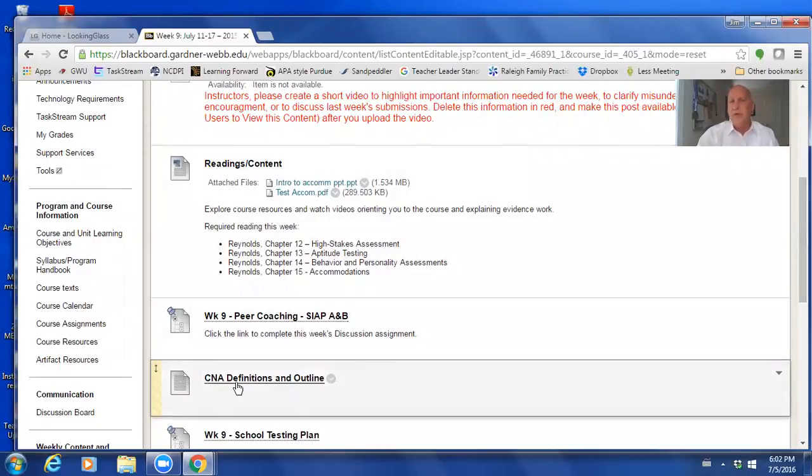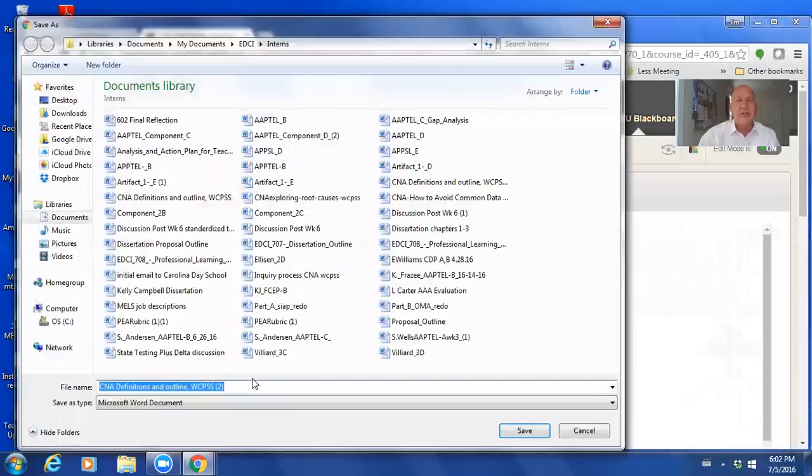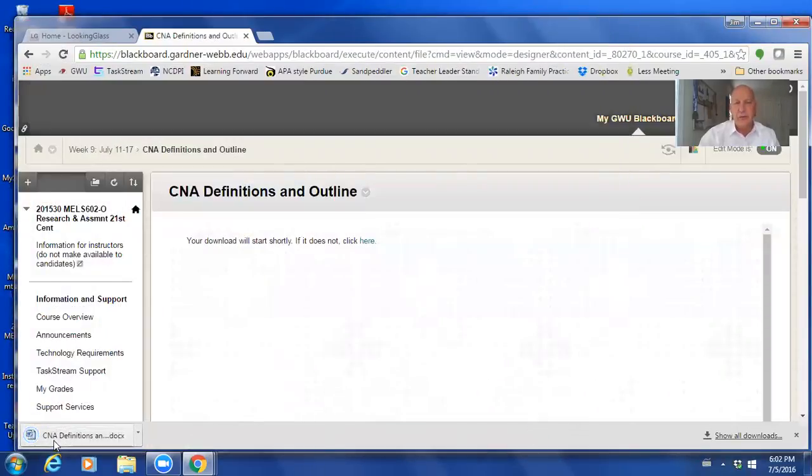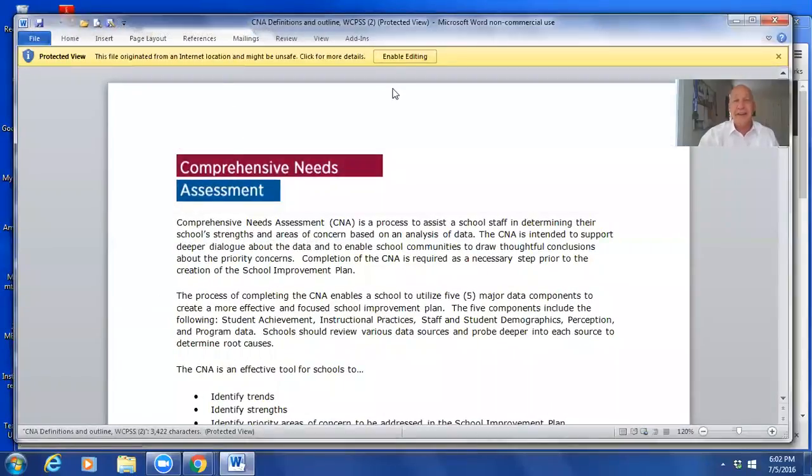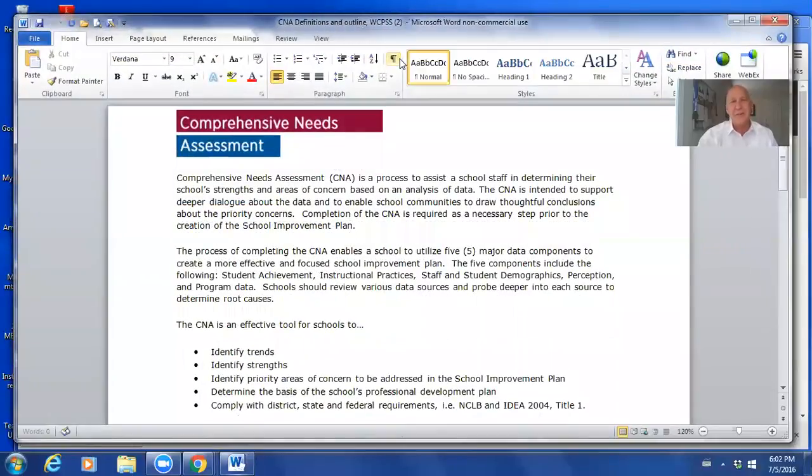Something I've added to week 9, if you tune in or watch this later, is a handout that I picked up from Wake County Schools. Not to say that Wake County is necessarily better than any other place, but they have a few of these processes down pat, and it required using a comprehensive needs assessment as the first step in the continuous improvement cycle of school improvement.